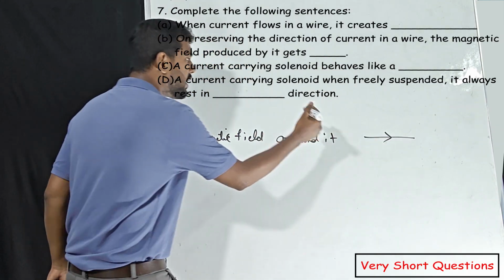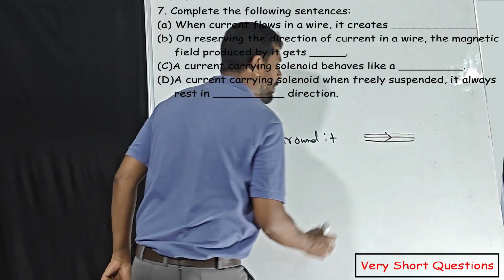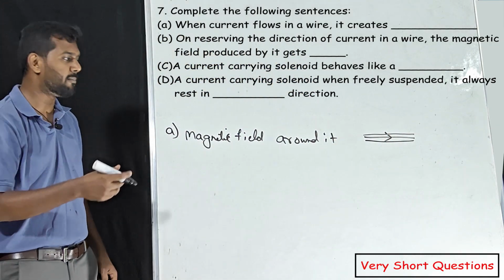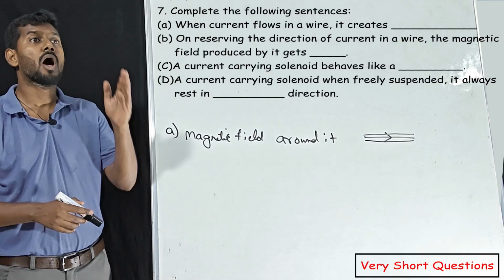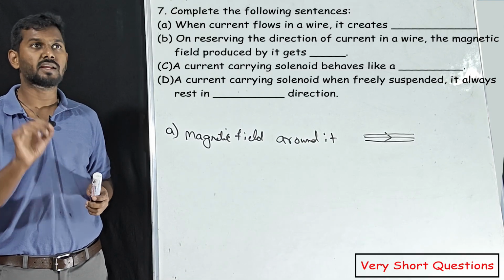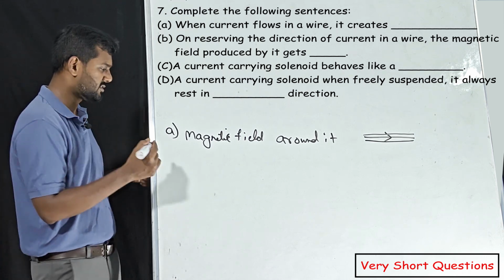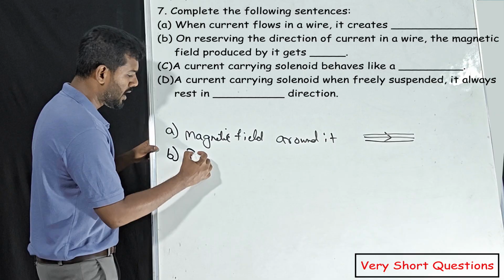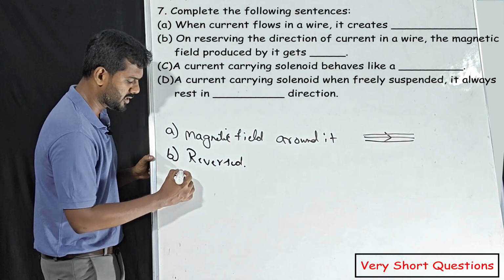Around it, everywhere, on the top as well as bottom. Our second sub question: on reversing the direction of current in a wire, the magnetic field produced by it gets reversed, because both are directly proportional.